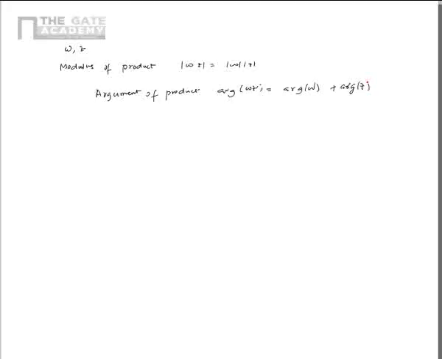Okay, so just to prove this, we can take w in the modulus argument form, which is r cos theta plus i sin theta. Similarly, z as x plus iy, and let's call s its modulus. So r here is root over a square plus b square, and theta is tan inverse b by a.